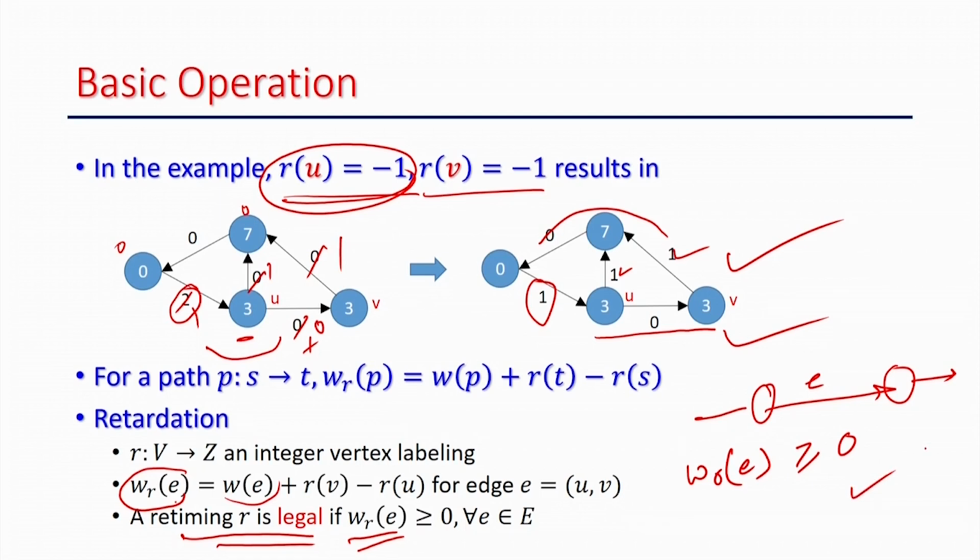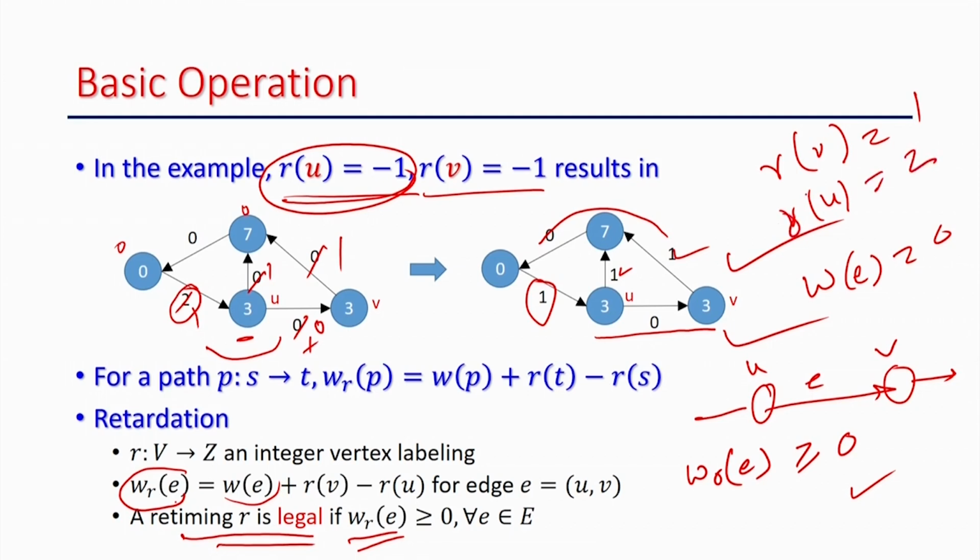Okay. So, for every edge, weight should not become negative after retiming, because suppose the W of the edge is say 0, and this is say U to V, and suppose you give R V is 1 and R U is 2, okay. So, then what is happening?